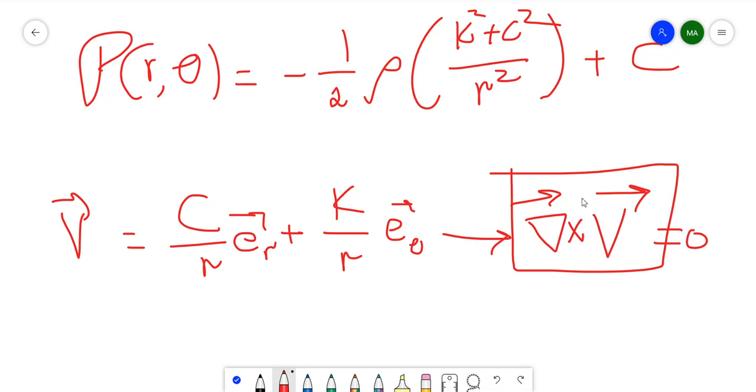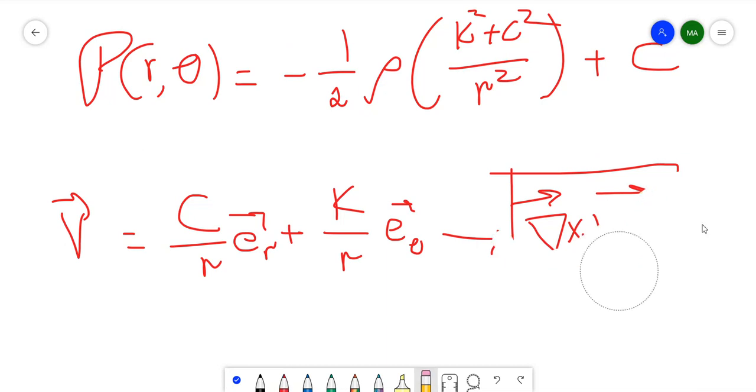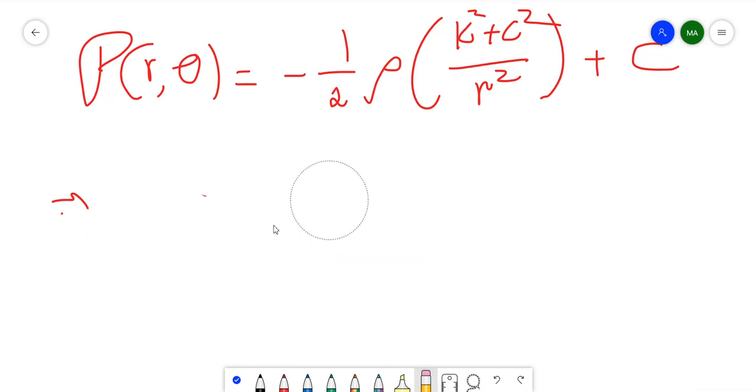You also did this in chapter 4, fluid mechanics. But if you do the math, you will find that the curl is equal to 0 in cylindrical coordinates. So what does the curl being equal to 0 mean for us? Remember, what are the assumptions to use Bernoulli's equation?